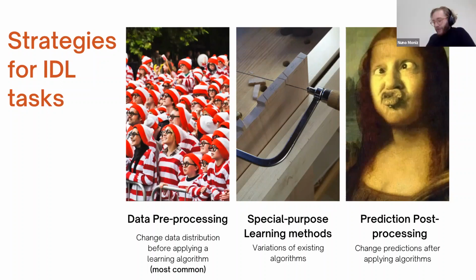Then you have special purpose learning methods, which is basically picking up existing algorithms and changing their internal behavior to guarantee that they will be focused towards these underrepresented classes or underrepresented intervals of values.